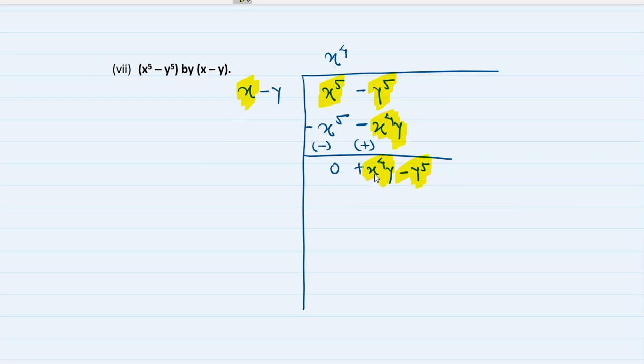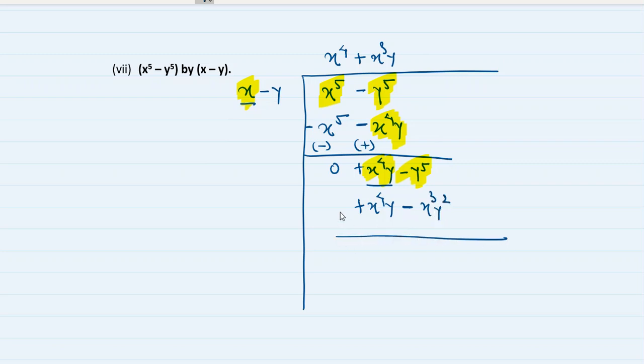Now this x raised to 4y will become the first term and we have to divide that by x. When you divide this first term by x, what do you get? You get plus x cubed y. Now you multiply x cubed y with x, you get plus x raised to 4y. And when you multiply x cubed y by minus y, you get minus x cubed y square.